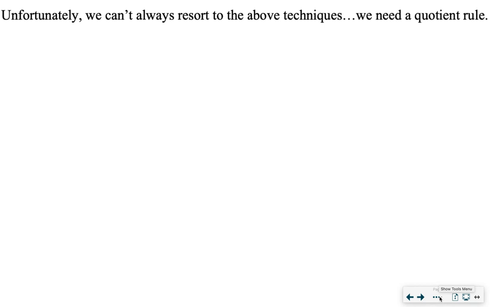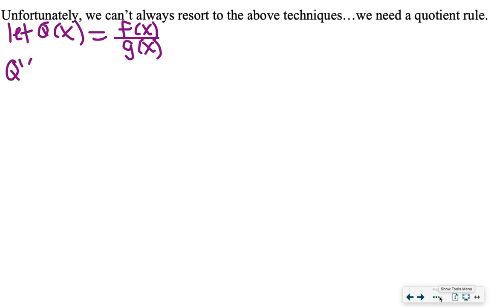Well, let's prove that like we did the power rule and the product rule. So let's have a function q of x be the division of the function f of x and g of x. Right? Okay, so then my derivative q prime of x would be my limit, right?